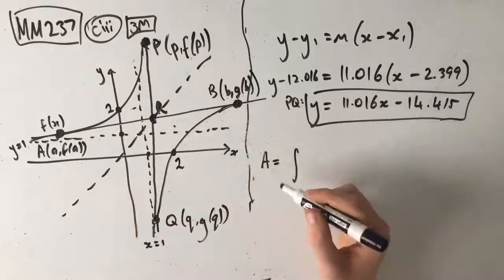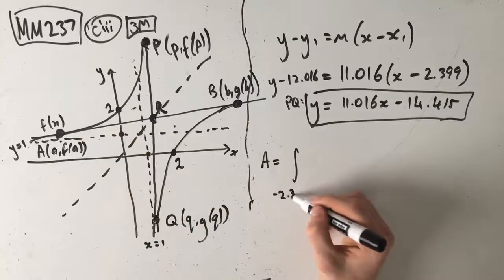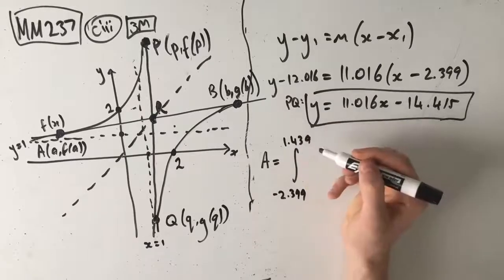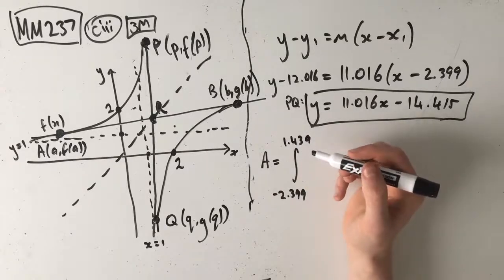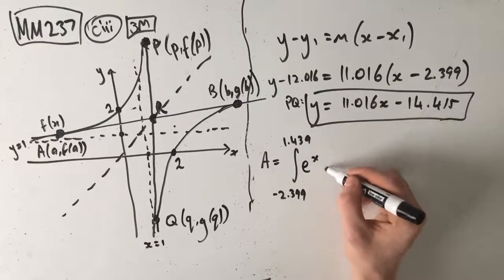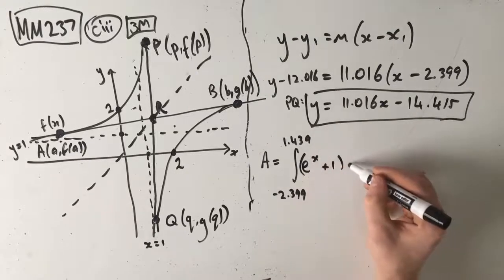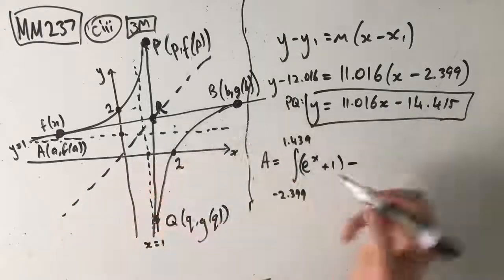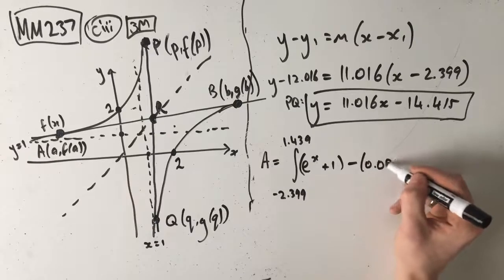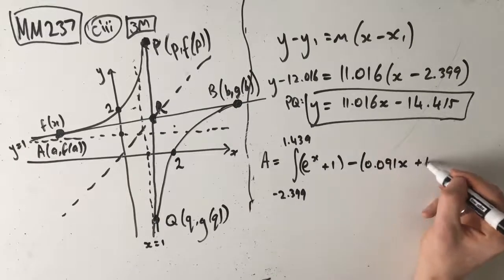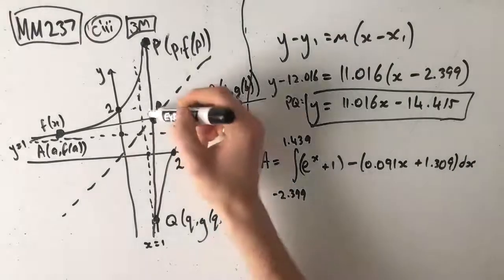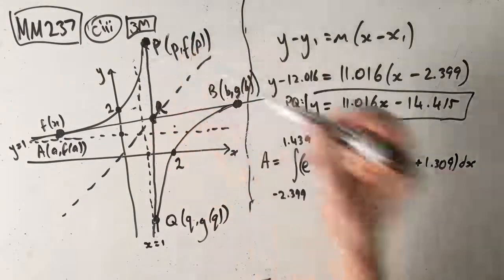So A is equal to negative 2.399 to R, which is 1.439, which we found in the previous question, part C, II, of f of x, which is e to the x plus 1, minus our bottom function, which is AB, which we found to be 0.091x plus 1.309 dx. So that's our first section here, just this bit, and then we need this other part as well.